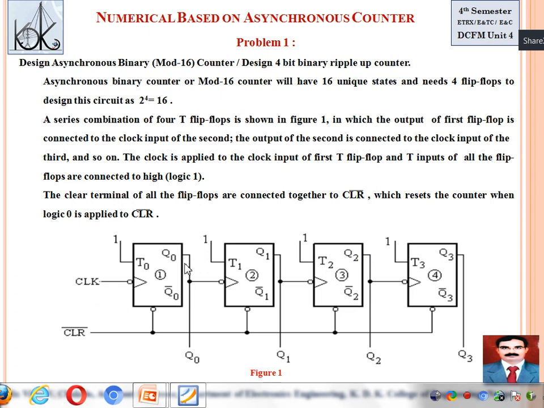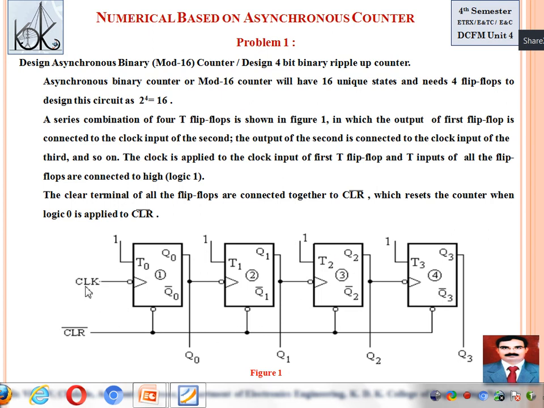That is 0000, and your counter is in the 0th state. Got this? And if you provide CLR bar equals 1, there is no effect of CLR bar on the flip-flops, because it requires CLR bar equals 0 to activate the clear terminal.